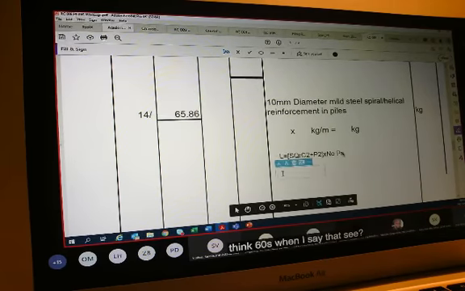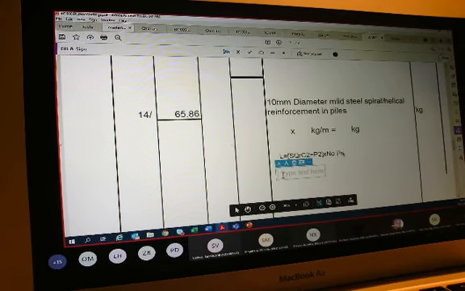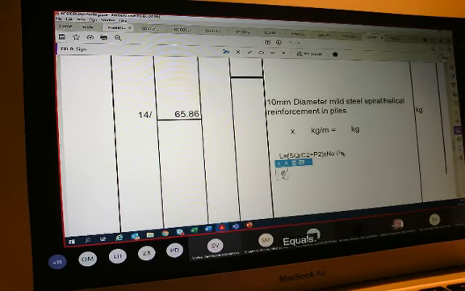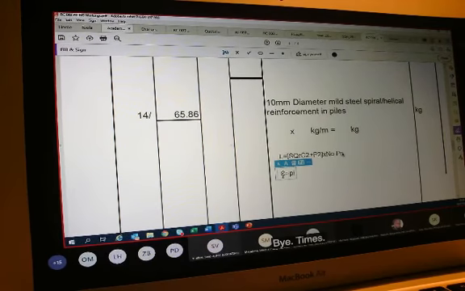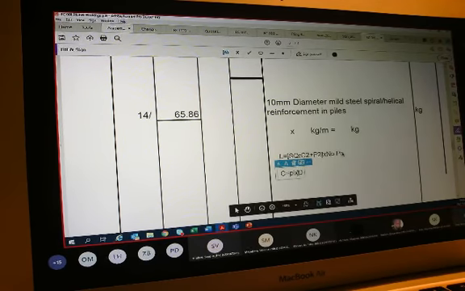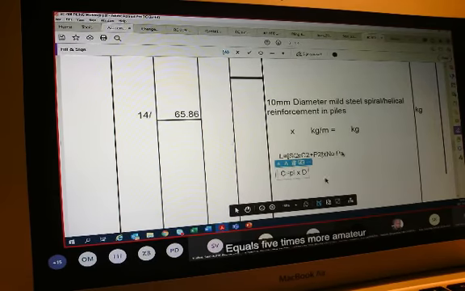When I substitute this here, C equals the circumference, and that will therefore be pi times the diameter. My diameter is 600 minus 2 times 60. What is 60? Can anybody tell me what they think 60 is?